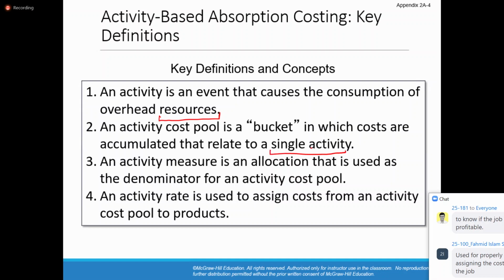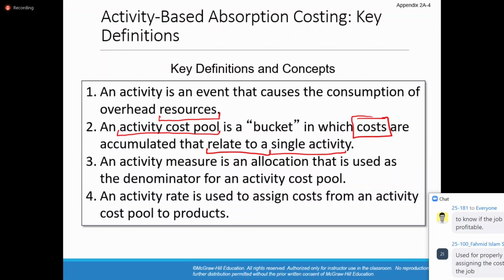When you are pooling or accumulating all the costs which are directly related to performing a single activity, that is known as an activity cost pool. Okay. So an activity measure is an allocation base that is used as the denominator for an activity cost pool.